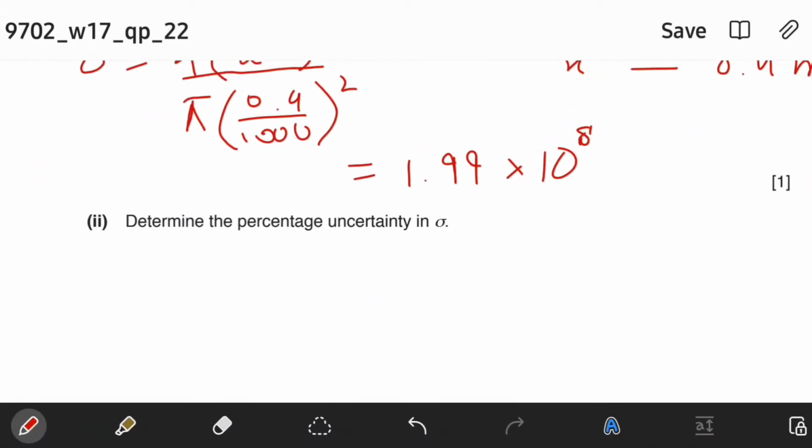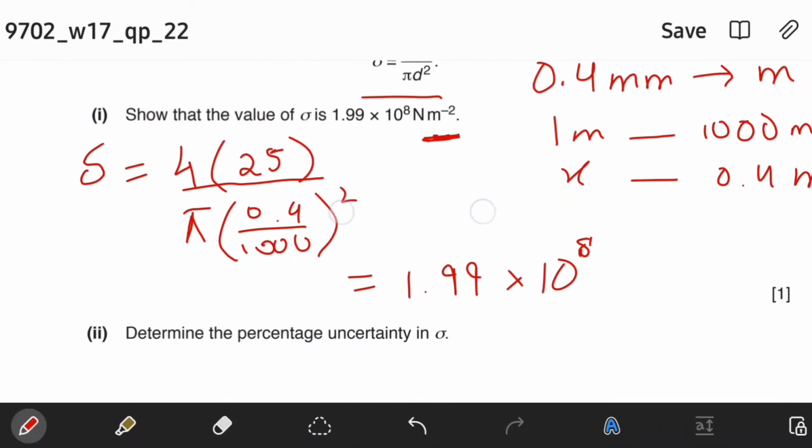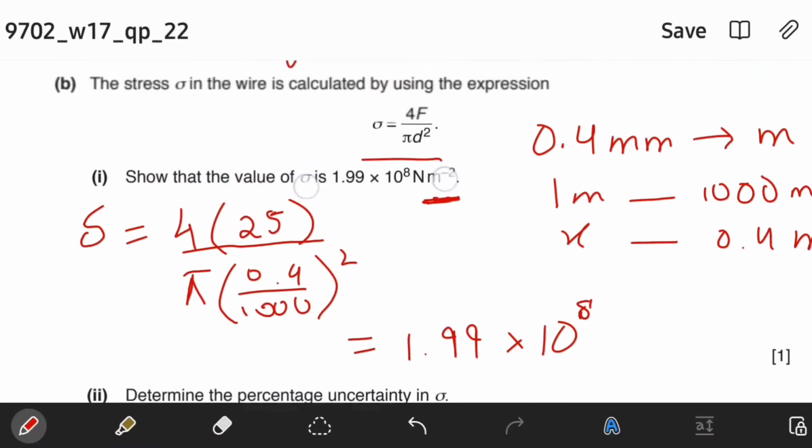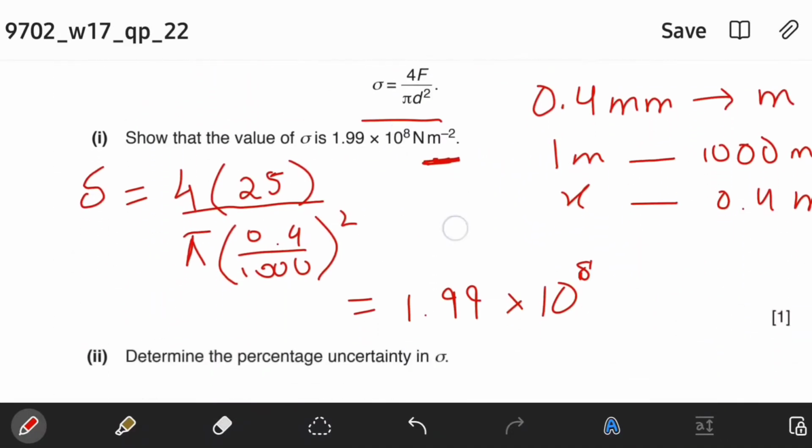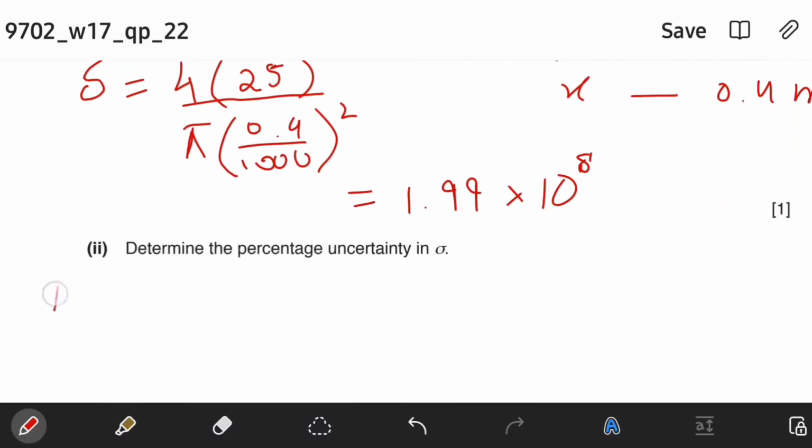Determine the percentage uncertainty in stress. For percentage uncertainty, you need to have a look at the errors that are given: 0.02 millimeters, 0.4, and 0.5, and 25. Let us write for F first. There is an error of 0.5 over the total value, that is 25, times 100 since we are finding the percentage.